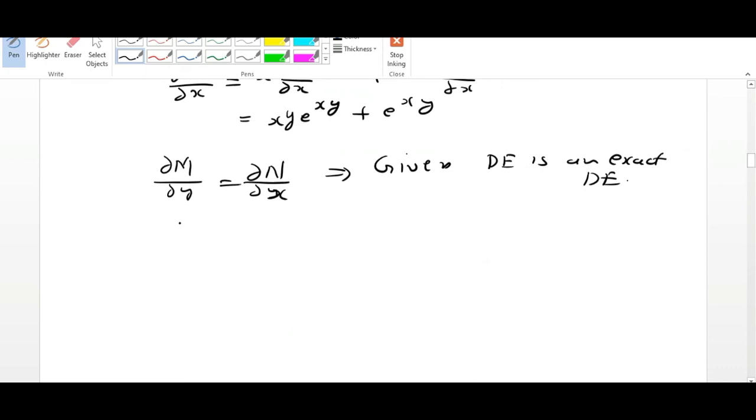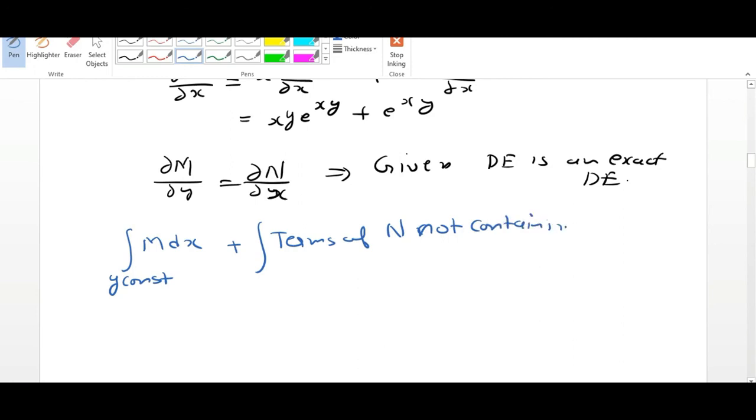So now let us take the solution part. Now we know that the solution of an exact differential equation is given by integral of M dx treating y as a constant, plus integral of terms of N not containing x into dy equal to some constant c.